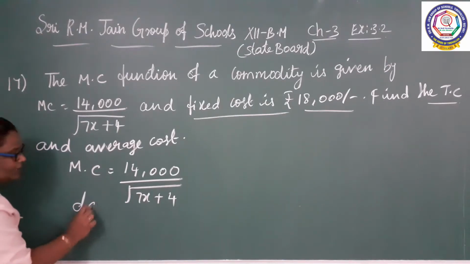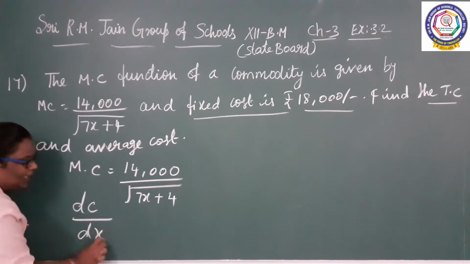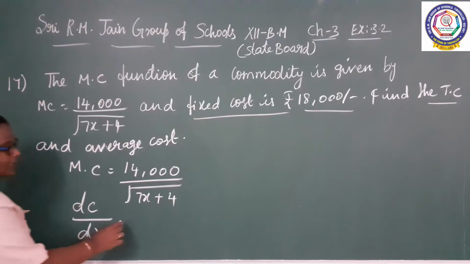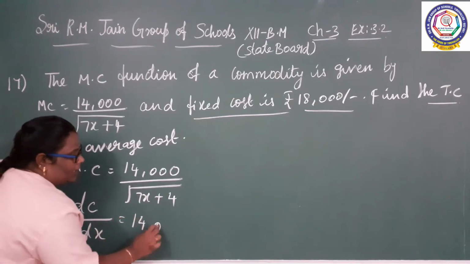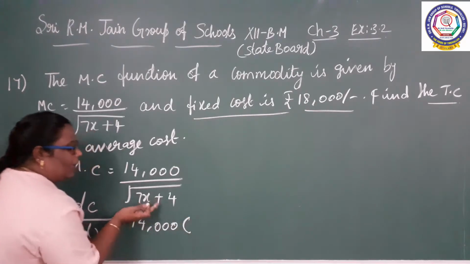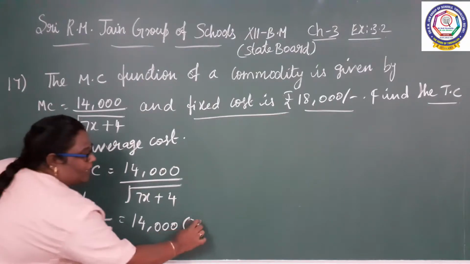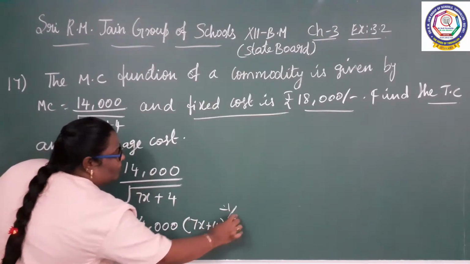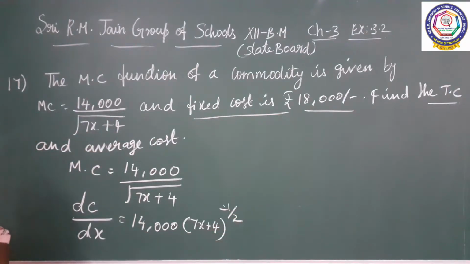Marginal cost is the rate of change of cost. Rate of change of cost dc by dx equal to 14,000 into, you can bring it to the numerator, (7x plus 4) whole power minus 1 by 2.